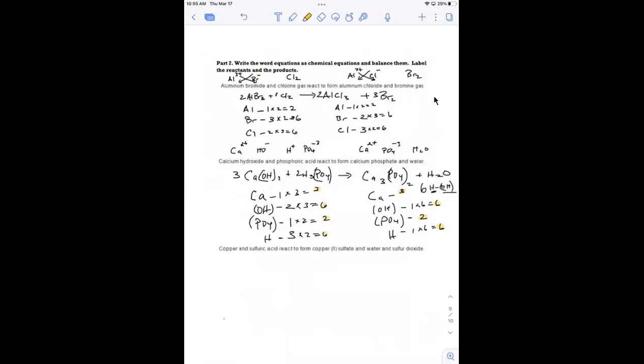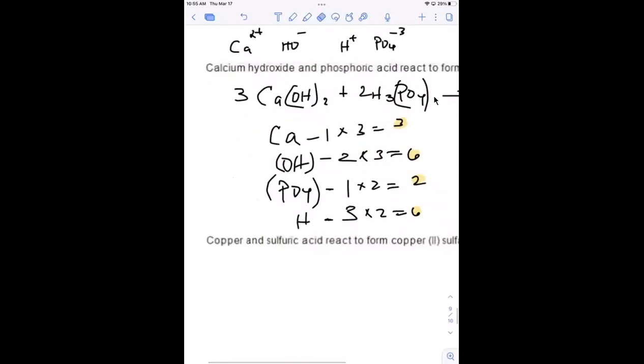But the fact that we kept the polyatomics together when we were balancing made this an easier problem to complete. So it's a nuance, and you have to know when to do it and when not to do it. But this was a case, and that's why I did this example. This was a case to do it because that phosphate is rarely going to break up into its components. It's always going to stay PO4, right?